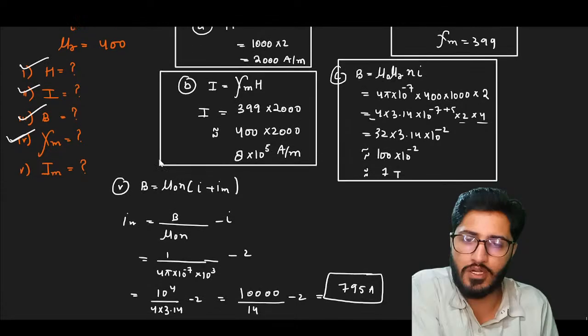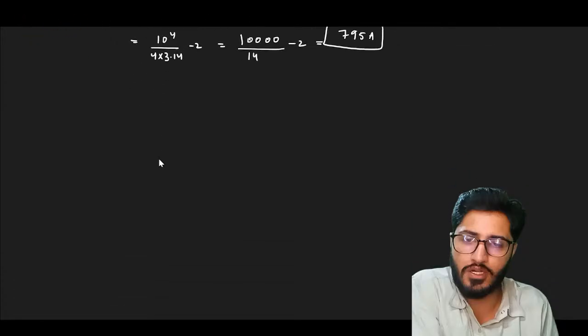Now look, one more thing, very important. If we are placing a diamagnetic material, in diamagnetic what are we observing? We are observing weak repulsion.